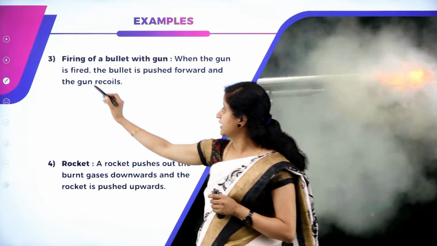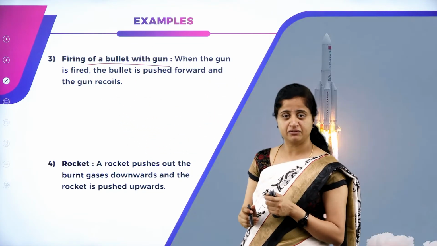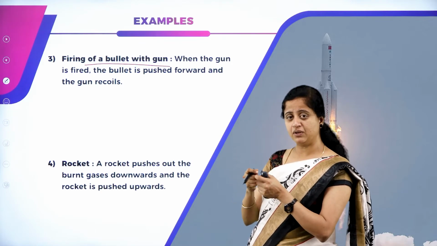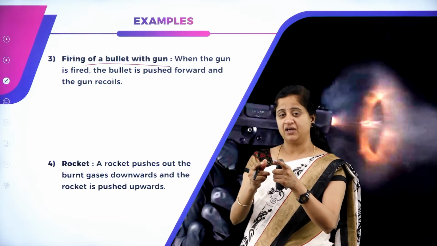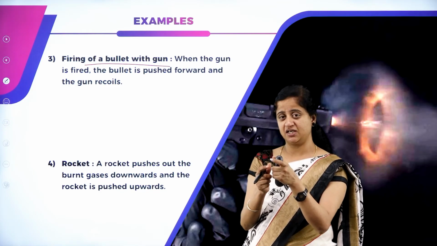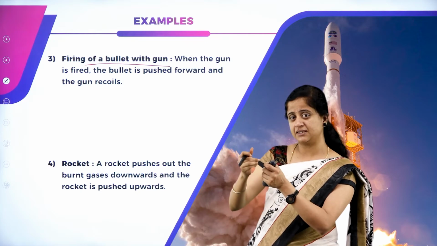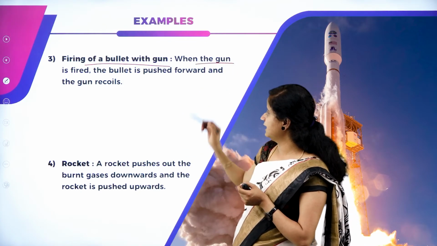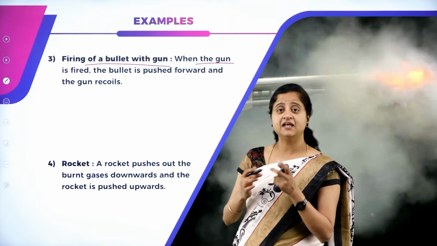One more example we can give is firing a bullet with a gun. When we fire a bullet from a gun, the gun moves backwards and the bullet moves forward, which means here also we are giving action, and when the bullet moves forward, the gun comes backward. That's the reaction. So when the gun is fired, the bullet is pushed forward and the gun recoils.